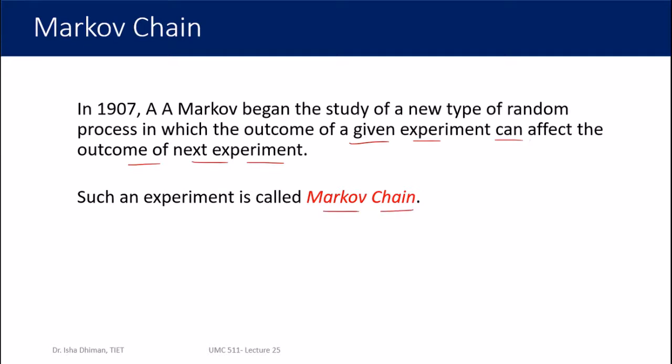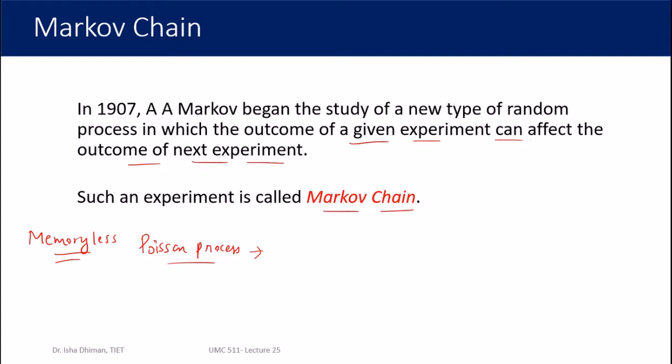So to understand this definition, let me recall one of the properties which we discussed in the previous lecture, memoryless property, and that was a property associated with Poisson process. So what was the meaning of this memoryless property? That the outcome, or you can say the number of arrivals, because that's what we count in Poisson process. We always count something.